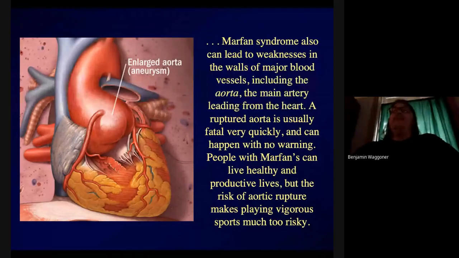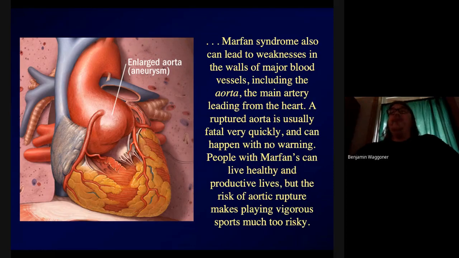And the problem with bulges in your tires and bulges in your aorta is that they'll burst without warning. And an aorta that ruptures is usually very fatal very quickly, and it can happen with no warning. You can die, you can collapse and be dead before the paramedics even get there if your aorta ruptures.